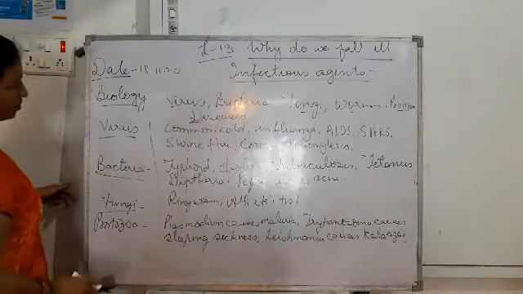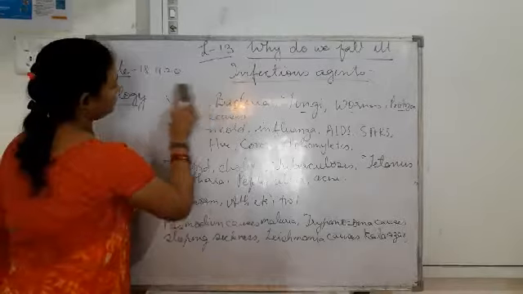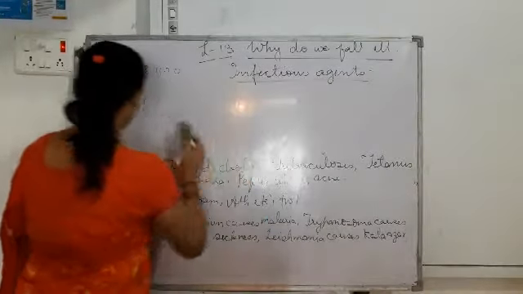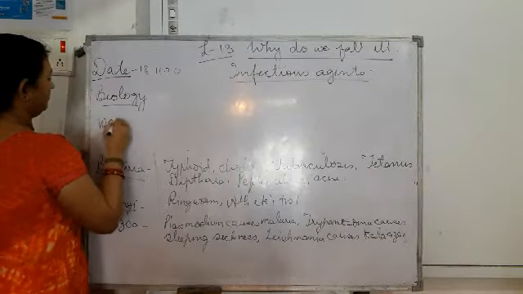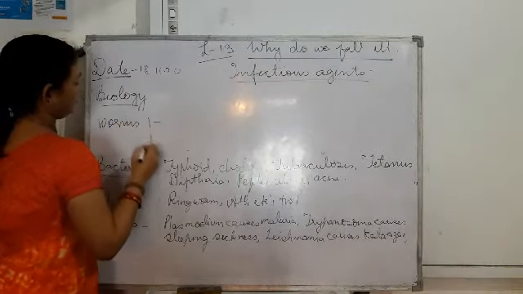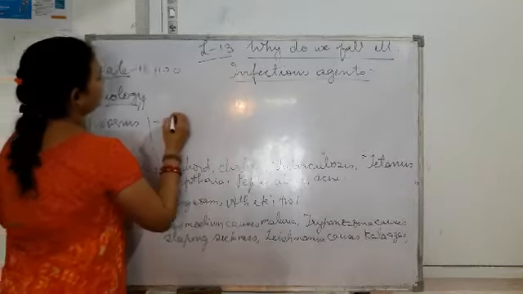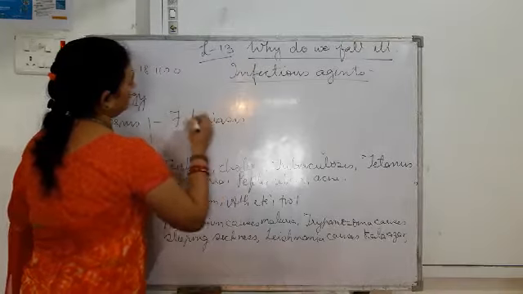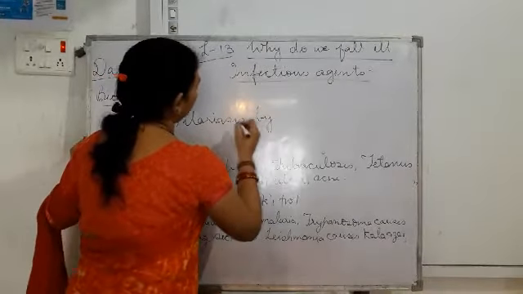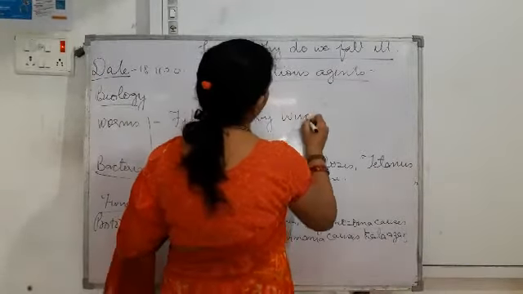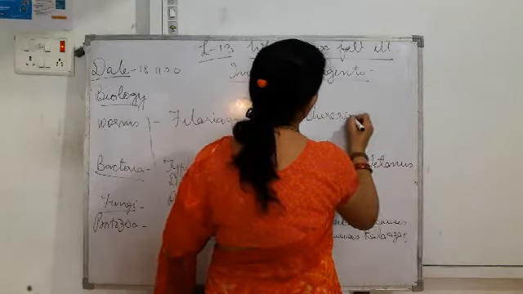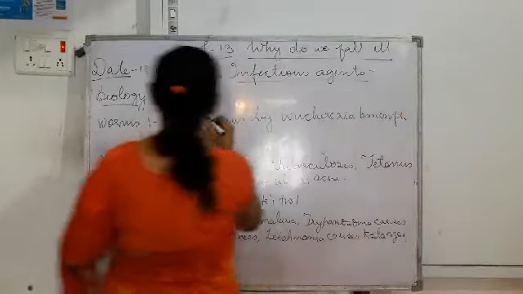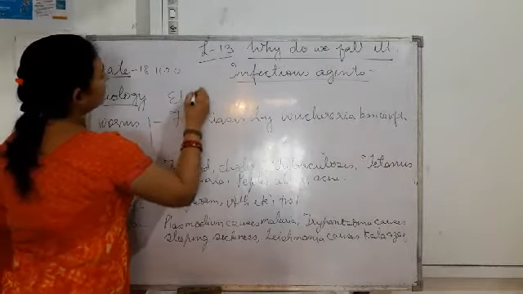Now let us discuss the worms. Some diseases are caused by worms. Worms like Wuchereria bancrofti cause filariasis, also called elephantiasis.